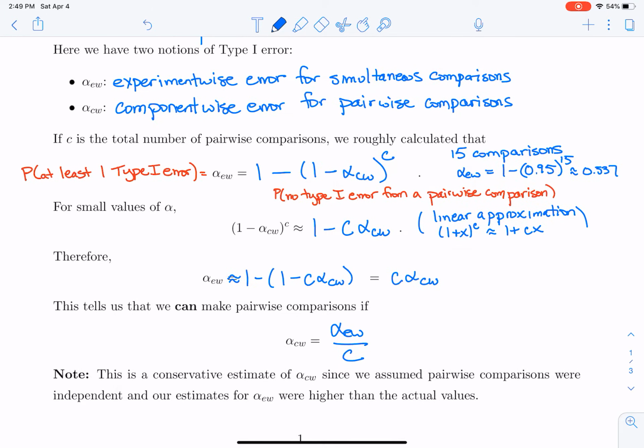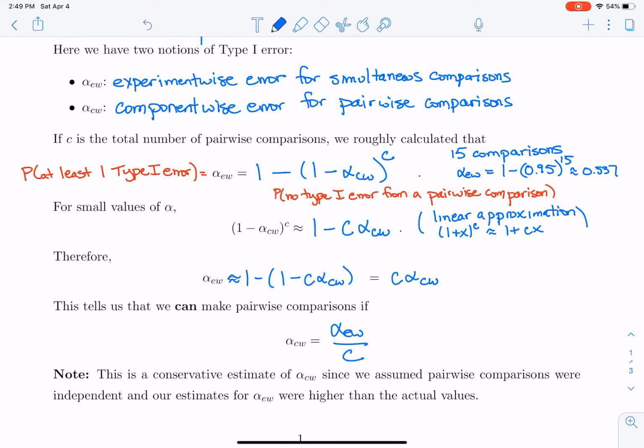So this is a conservative estimate, though, for the component-wise error, because we assume that the pairwise comparisons were independent. You'll recall when we did 15 comparisons, we got an experiment-wise error of 53%. But in actuality, when I showed you a table, if we considered the fact that they're not independent, it would only be 37%.